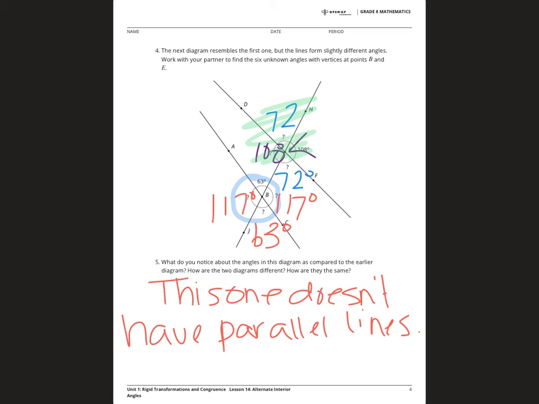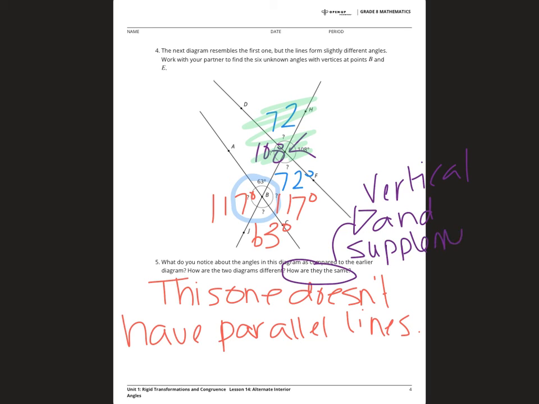So, how are these the same? Well, something that's the same is that you can do vertical and the supplementary, which are angles on a line. And then the different part is they're not the same.